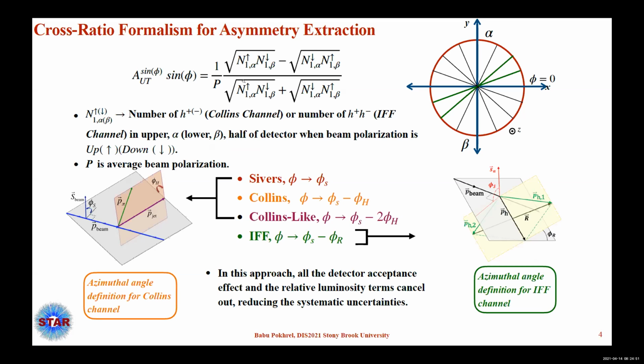We can construct this from a simple combination of the hadron yields or hadron pair yields in two detector halves labeled alpha and beta in azimuth. And by studying the different modulations, we can isolate different physics mechanisms, such as for the hadrons within jets, where the kinematics is shown in the bottom left picture here.